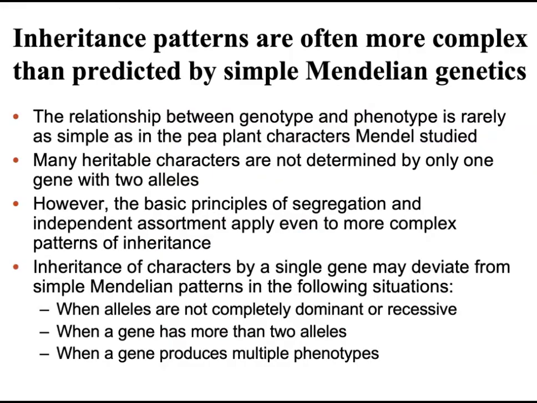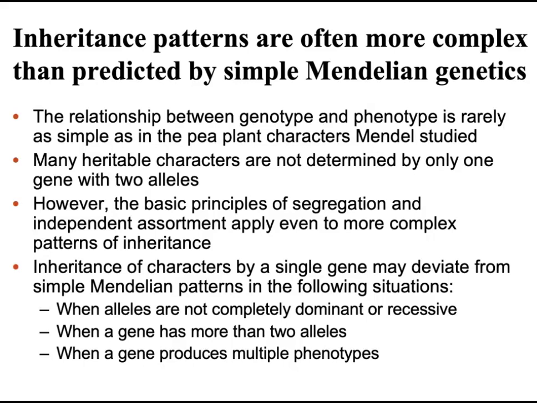For the last part of this chapter, we will cover non-Mendelian genetics. These are inheritance patterns that are more complex than those predicted by simple Mendelian genetics. The relationship between genotype and phenotype is rarely as simple as in the pea plant characters Mendel studied. Many heritable characters are not determined by only one gene with two alleles.